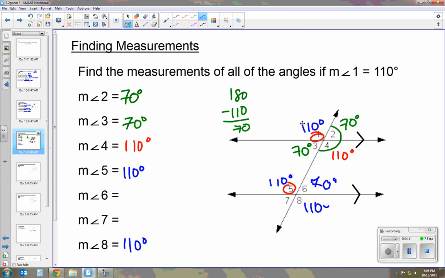And then 6 and 7 are vertical and equal. Okay, so all we need is one angle measurement to find the rest of those. And we're going to use those properties and those angle pairs to solve.